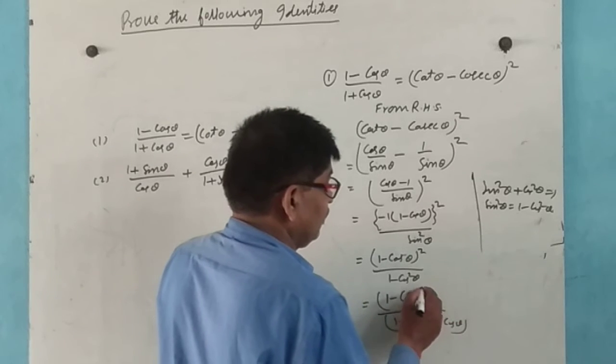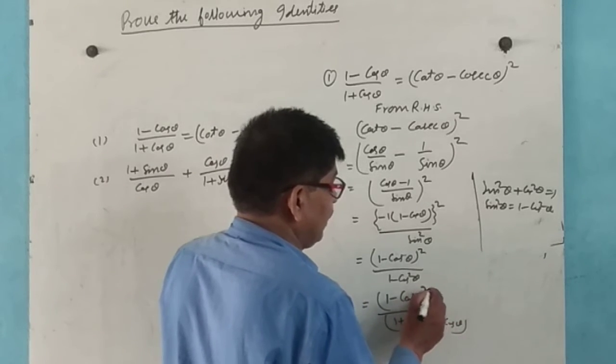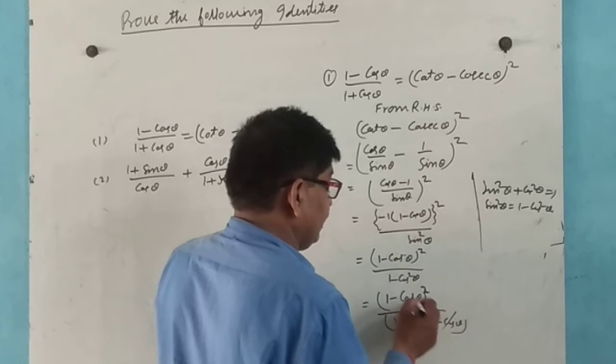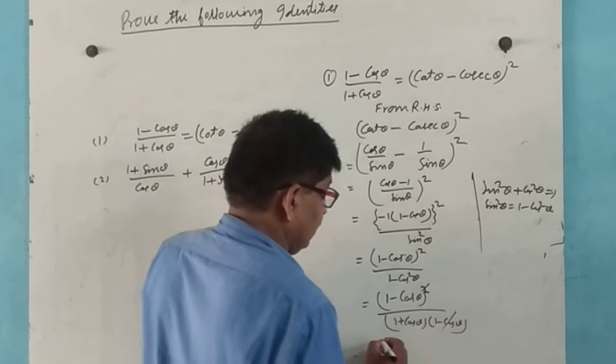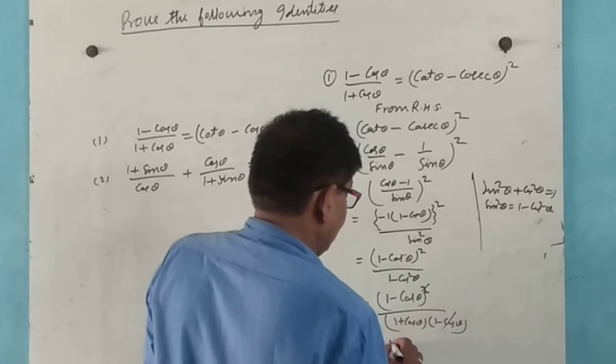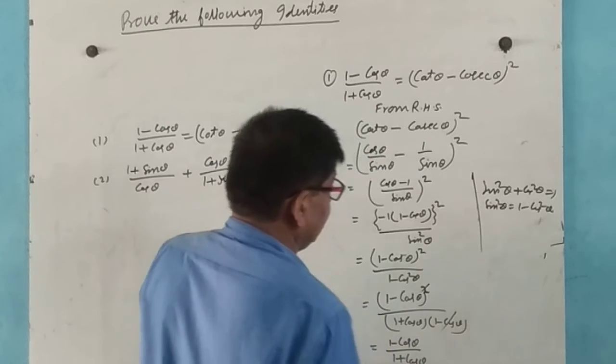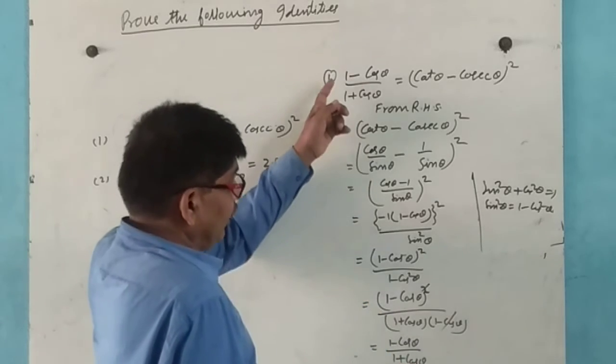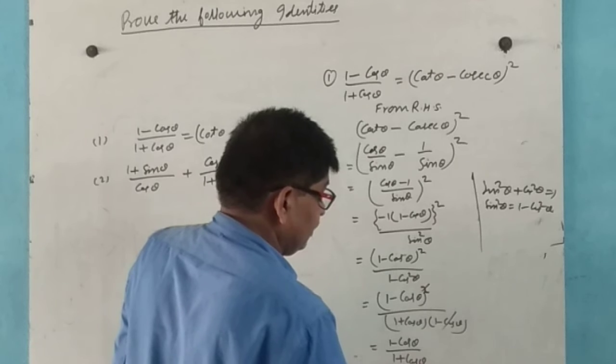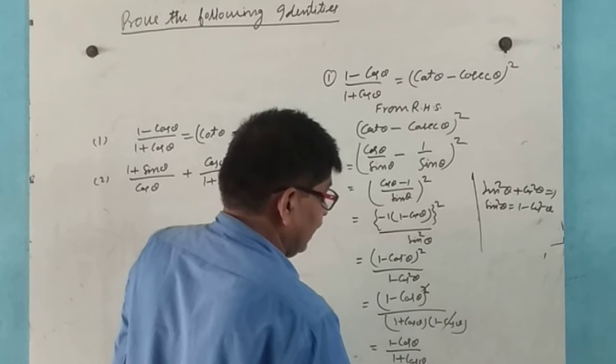Here (1 minus cos theta) power 2 and here (1 minus cos theta), one is cancelled. Then we get (1 minus cos theta) divided by (1 plus cos theta). This is the left hand side.